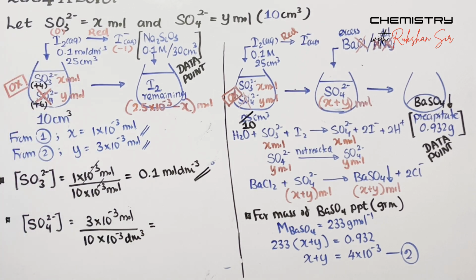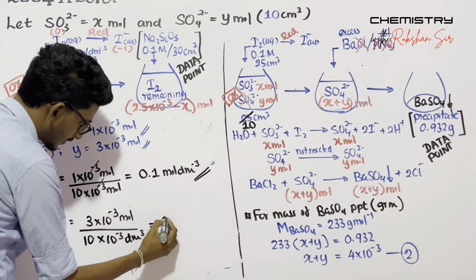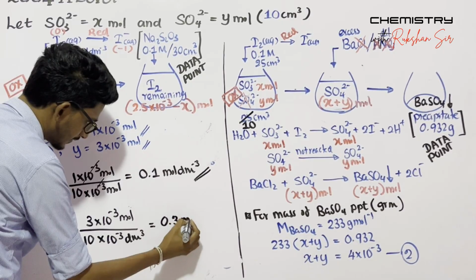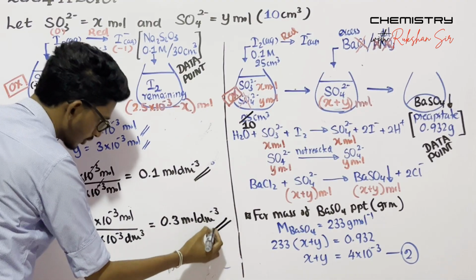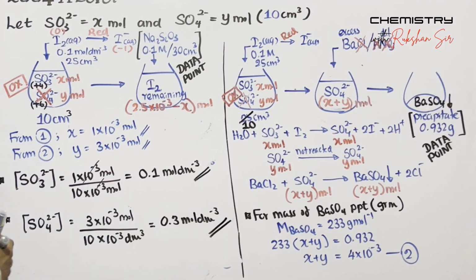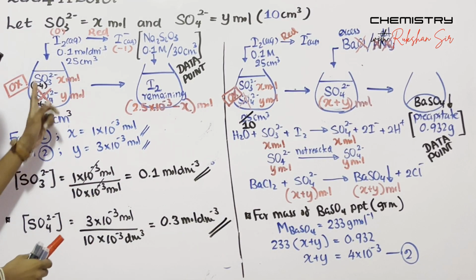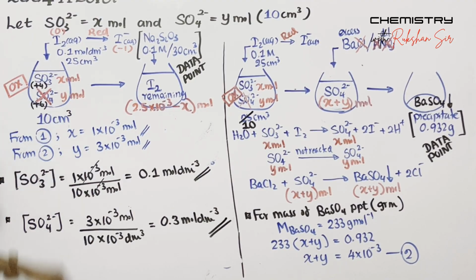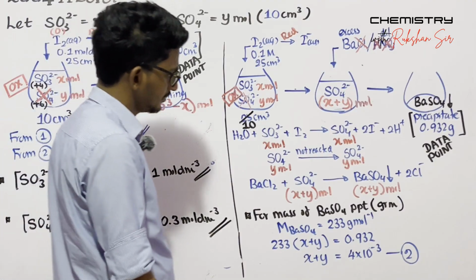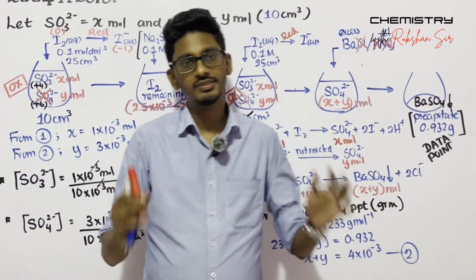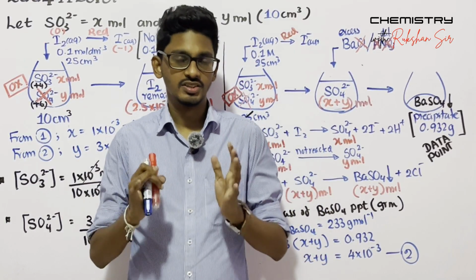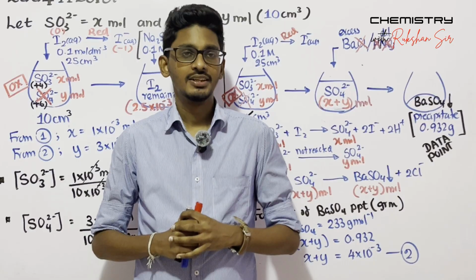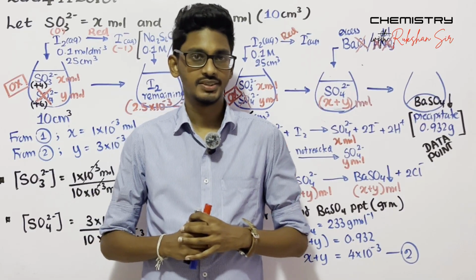So the value is going to be 0.3. Those are the two concentrations of sulfite and sulfate ions in this effluent water. So this is the working for the A-level question of 2004. Let's complete the stuff.